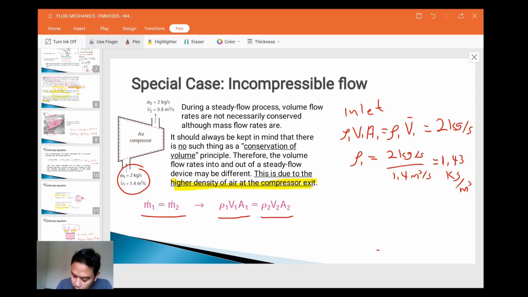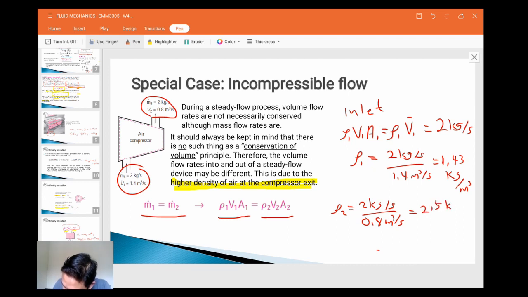Okay, so we calculate for rho 2. Rho 2 is equal to 2 kg per second divided by V dot 2, which is 0.8 meter cube per second. So we will get that rho 2 is 2.5 kg per meter cube.